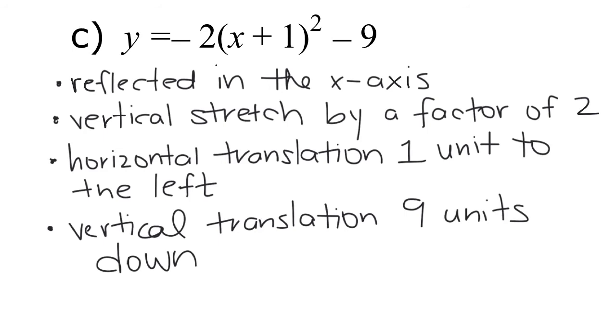So in particular, we would state this as a horizontal translation, 1 unit to the left. And finally, we have a k value of negative 9, which implies that the parabola is being shifted downwards. So we would state that as a vertical translation, 9 units down or 9 units downwards.